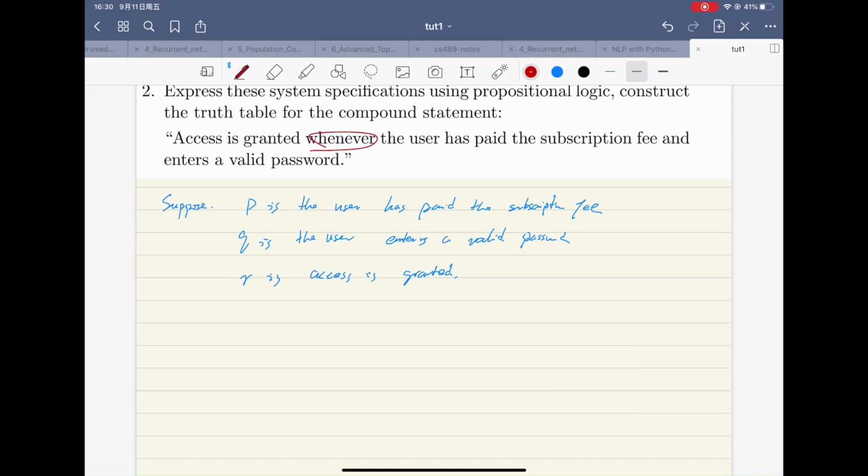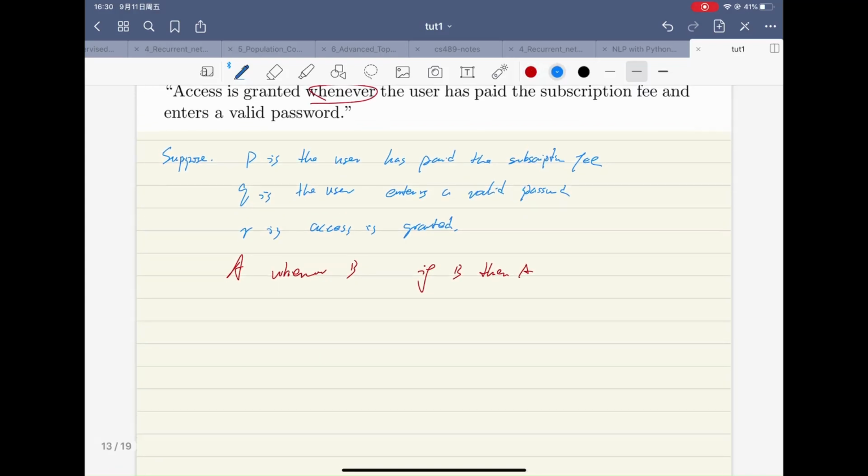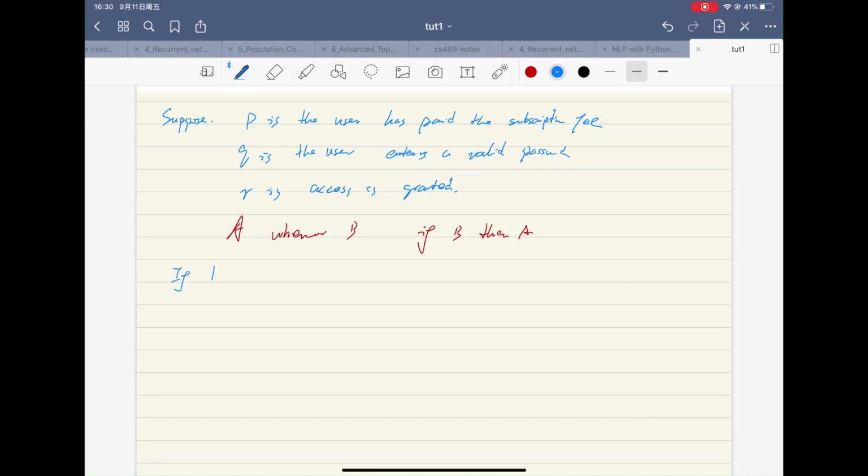So as I just said, A whenever B can just be written as if B then A. Then we have, if the user has paid the subscription fee and enters a valid password, then access is granted.